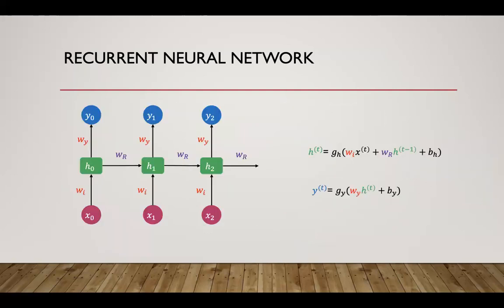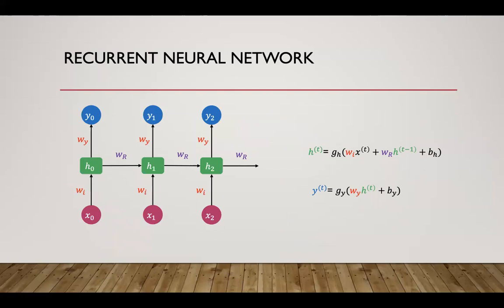Okay, now we understand the big picture. Let's take a look at what's happening under the hood. Let's talk about math. At time equals 0, x0 is fed into the first equation to get h0. Here, the middle term equals 0 because the time becomes negative.